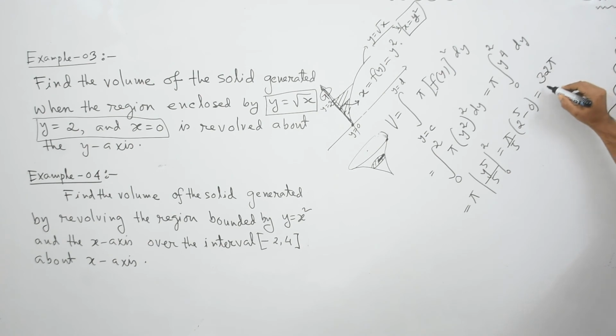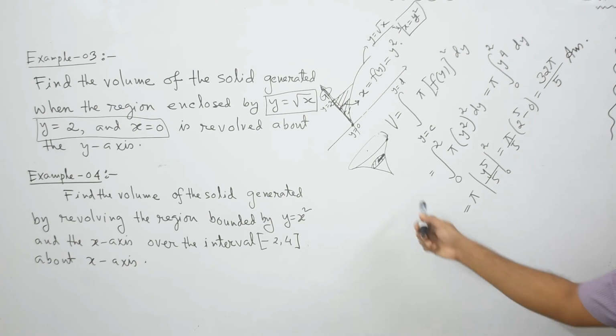So 32 pi by 5 is the answer. This is the volume of this solid.